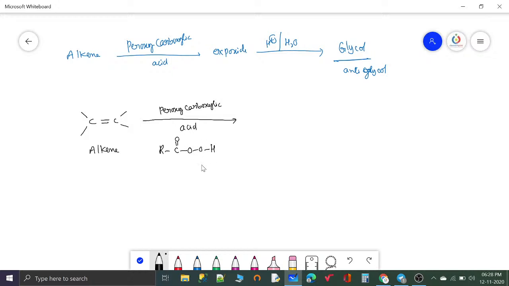I am not discussing the mechanism, just the procedure. Here you take one of these oxygens, put it over here, disconnect this bond and connect that oxygen to both of these carbon atoms. So that is named the epoxide. It is a 3-membered cyclic ether. A 3-membered cyclic ether is simply named an epoxide.